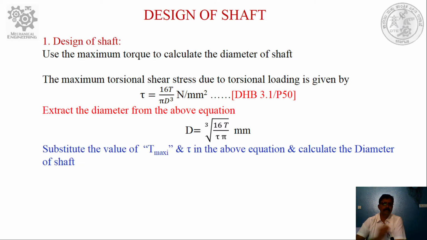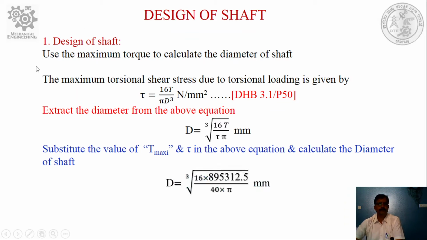Now substitute the values of T maximum and tau, the allowable stress for the shaft material, and calculate the diameter of the shaft. Now finally we have 48.4873 millimeter. This is the diameter obtained from the mathematical relations in the torsion equation.